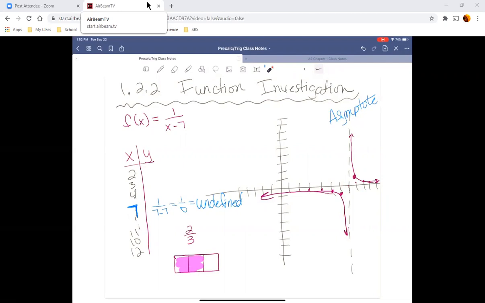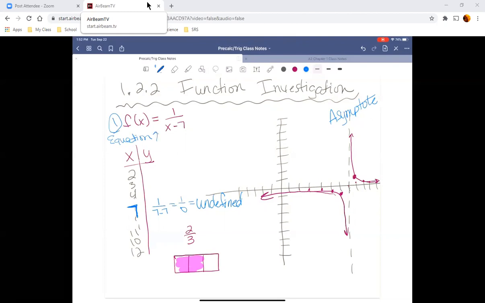All right. When it comes to functions, our ultimate goal is to be able to represent functions three different ways. One way is an equation, right?